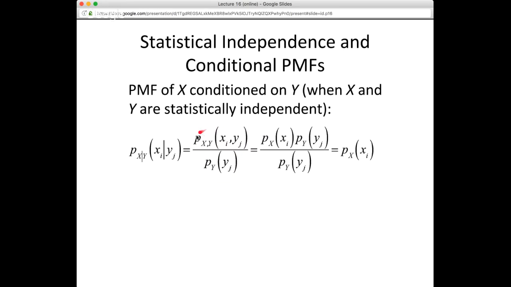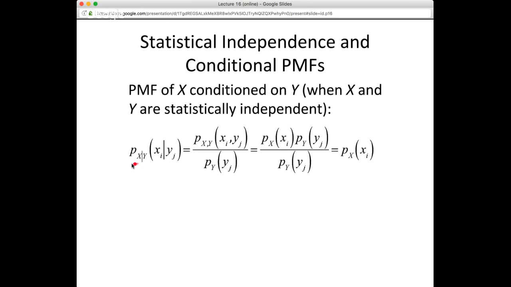The key thing is that if the random variables x and y are statistically independent, then the joint probability that x and y equal xi and yj is exactly equal to the marginal probability that x equals xi, times the marginal probability for y evaluated at yj. And if this is true, which is of course based on statistical independence, then we can cross out the marginal probabilities for y, and we're left with the marginal probability for the random variable x evaluated at xi.